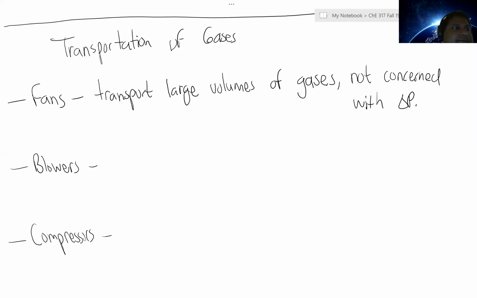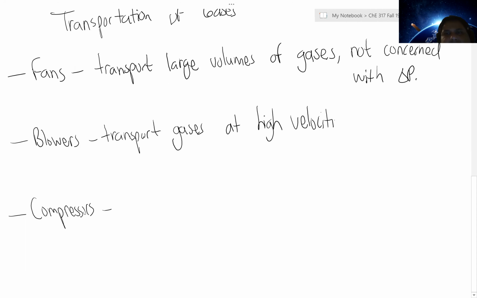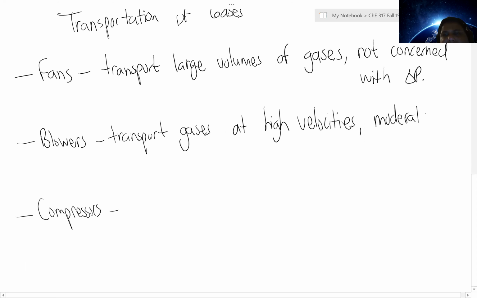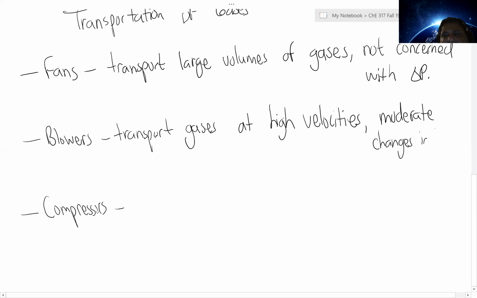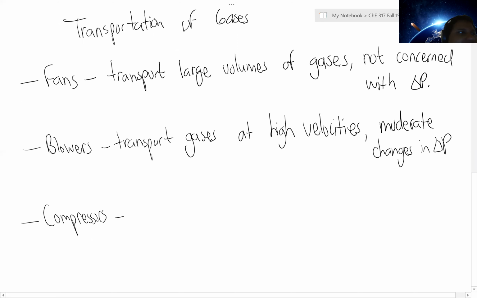A blower, on the other hand, is mainly designed to transport gases at high velocities. And with that, we expect and we often find moderate changes in delta P. Now, a compressor is going to be more of a workhorse as associated with chemical processing because its main purpose is to actually increase the pressure of a gas.